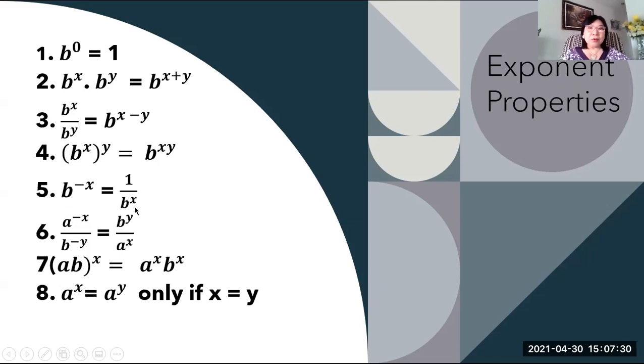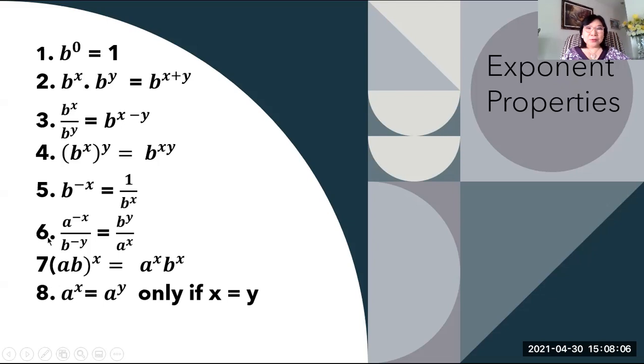And that equals 1 over b to the power x. Notice that by doing this, you no longer have a negative exponent, because once you bring the base down to the bottom as a denominator, that is equivalent to changing the negative sign of the power into a positive power. And that's why we have to reverse the fraction like this.